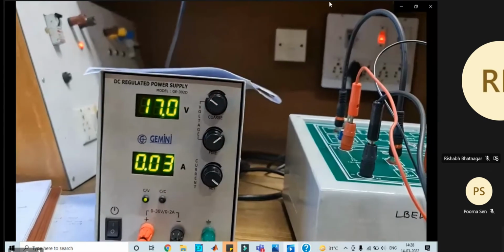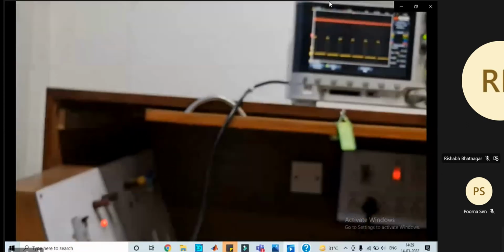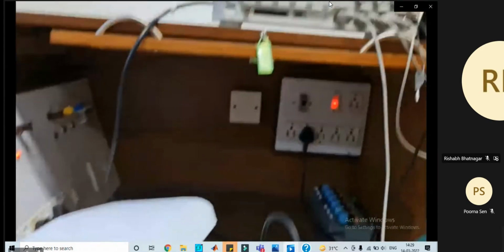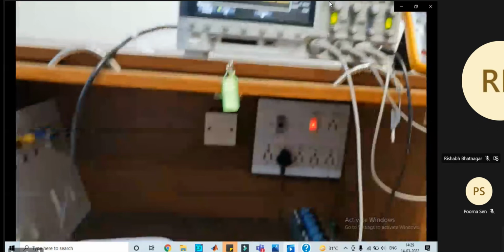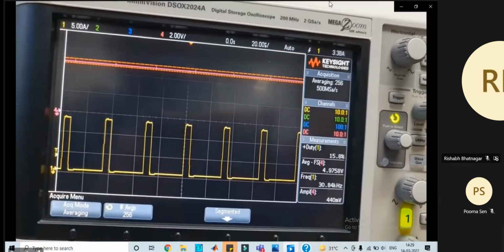Input voltage 17 volts. Duty 16.9%. Output voltage 4.971. Input voltage 18 volts. Duty 15.8%. Output voltage 4.975.